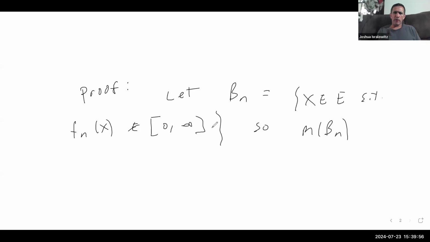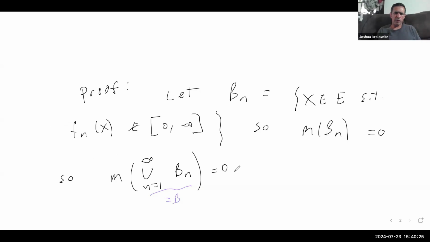So the set where it's not spitting out 0 to infinity, including possibly infinity, has measure 0. That's the definition of almost everywhere. That means the union of these sets, which I'll call B for bad, has measure 0.